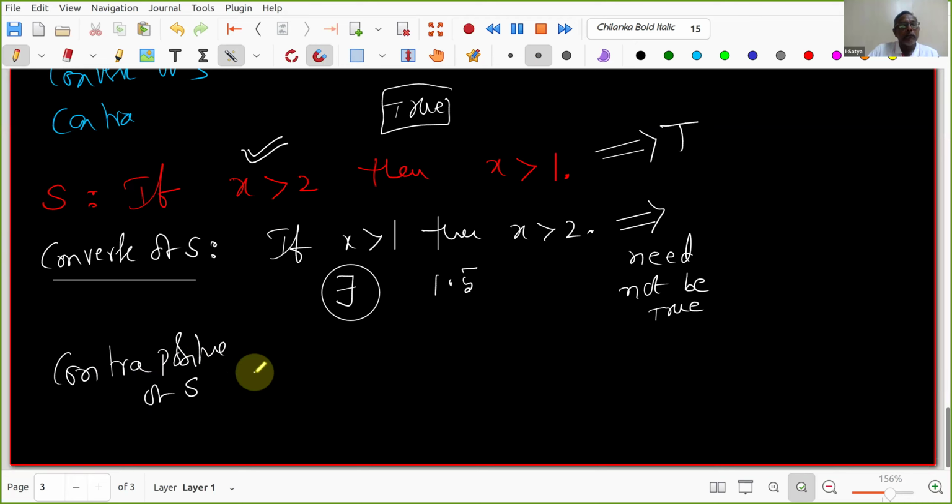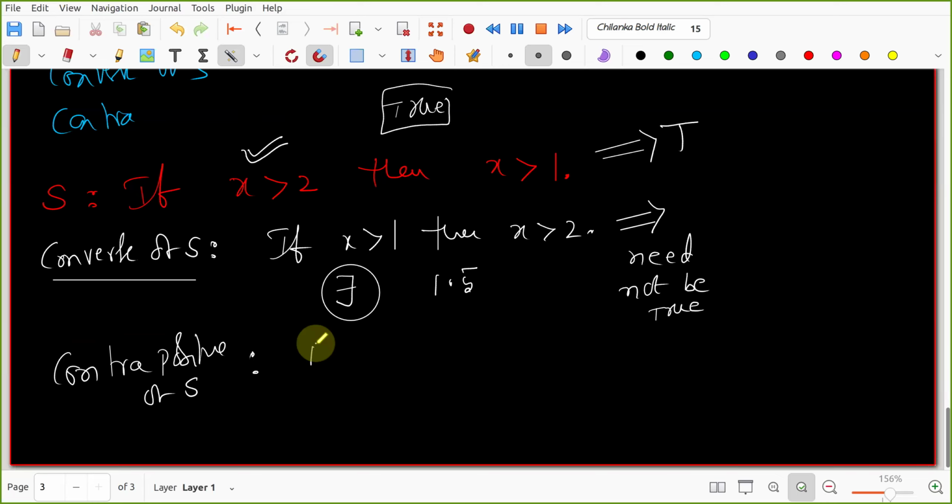The contrapositive is: if x is not greater than 1, then x is not greater than 2.